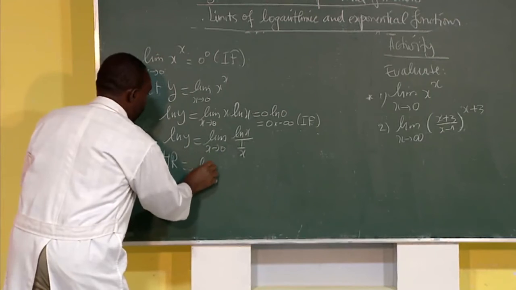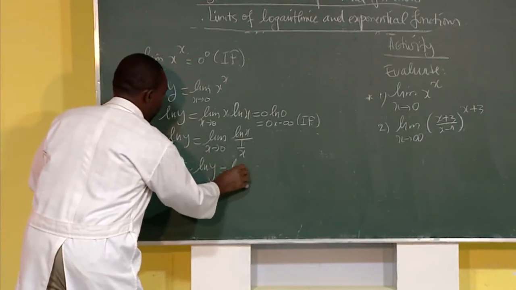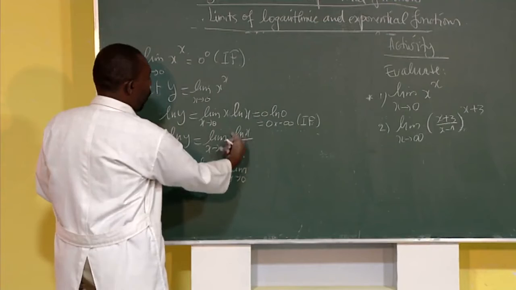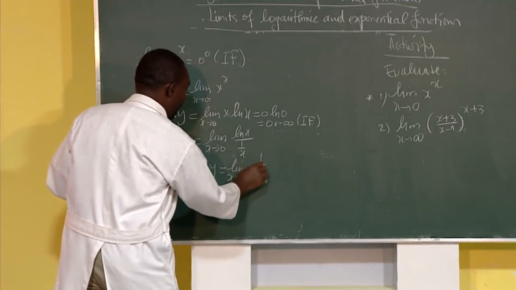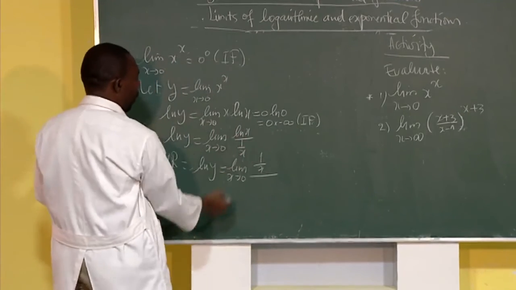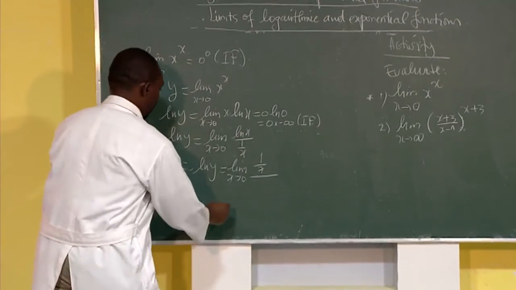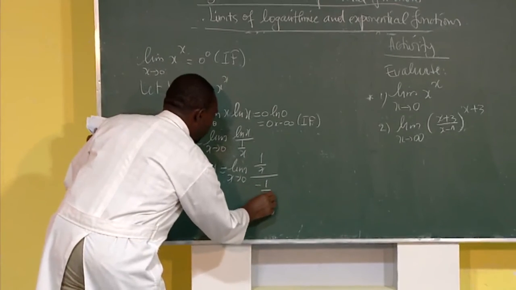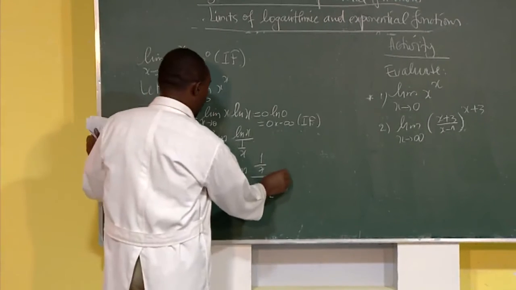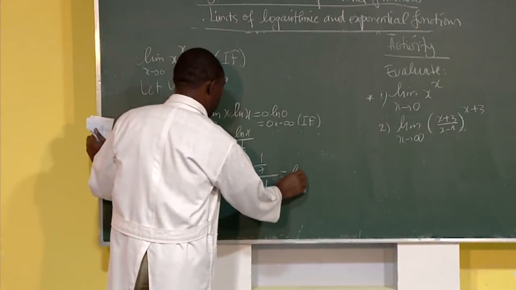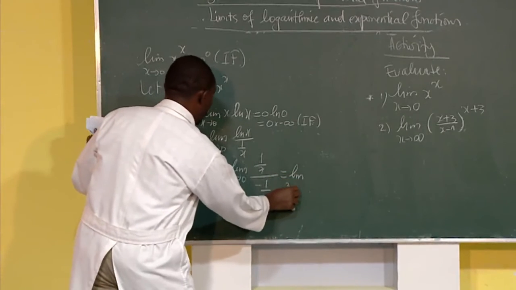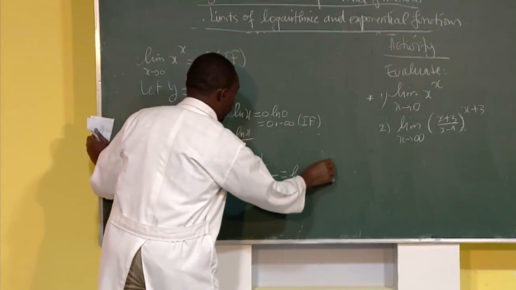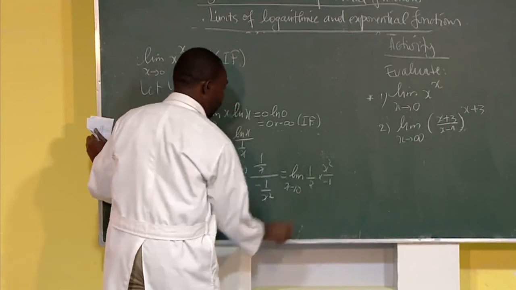We have ln of y equal to the limit x approaching to 0. Derivative of ln of x is 1 over x. Derivative of 1 over x is minus 1 over x squared. And this is the limit x approaching to 0 of 1 over x times x squared divided by minus 1.